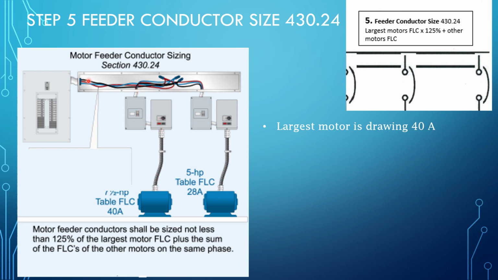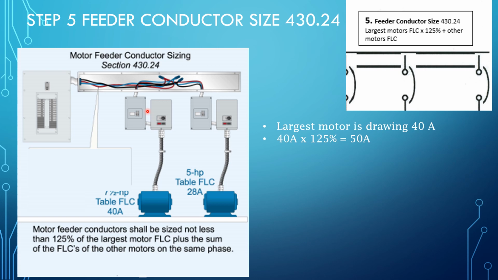So we have our 3 phases that are feeding each of these motors. Step 5 tells us we're going to take the largest motor. In this example, there are 2 motors, and one is drawing 40 amps, the other's full load current is 28 amps.